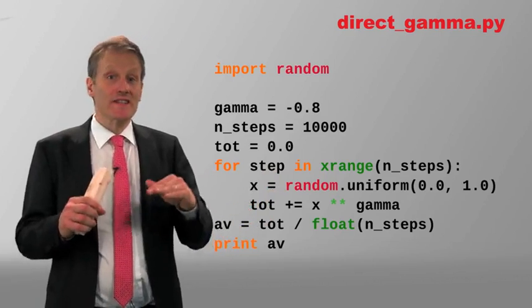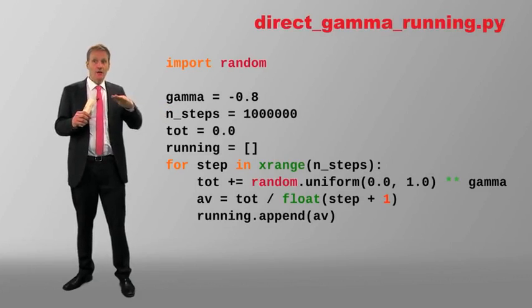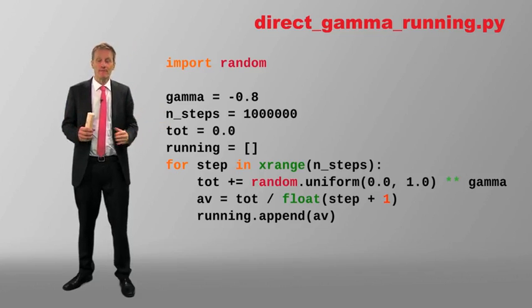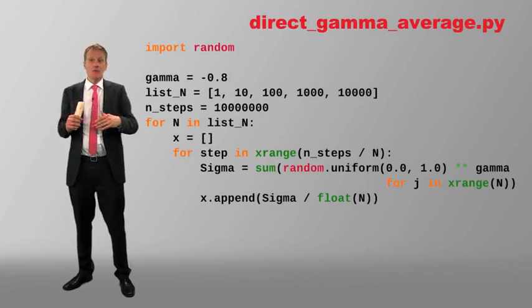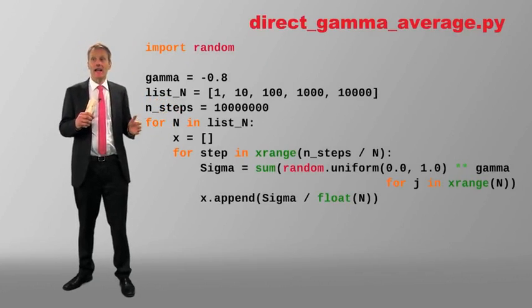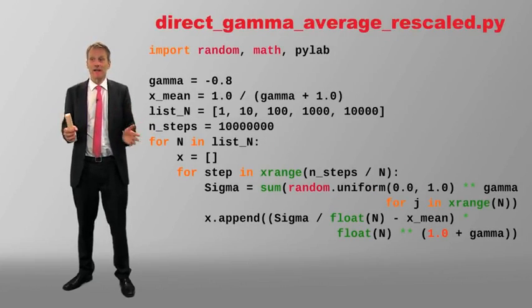Then there was direct gamma running.py, the program that computed the running average and had these points going through the roof. Then we had the programs direct gamma average.py and direct gamma average rescale.py.